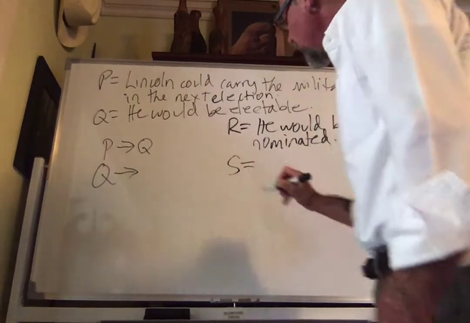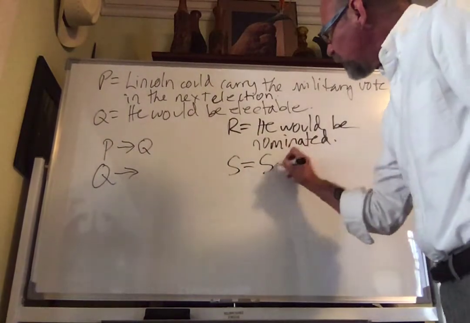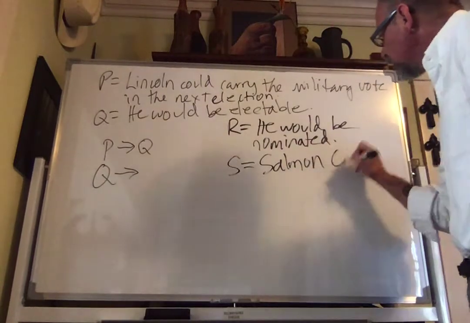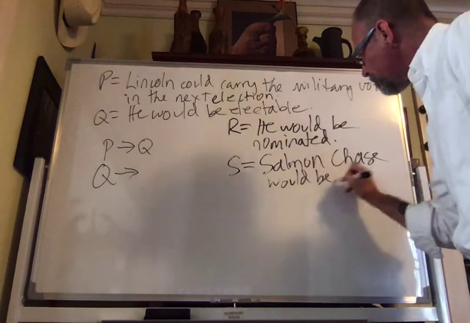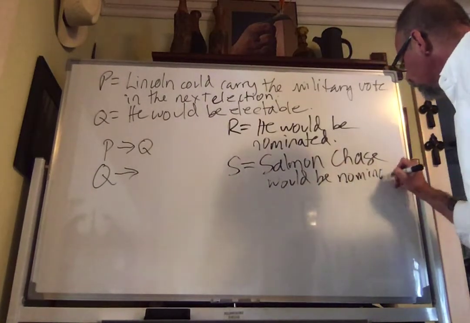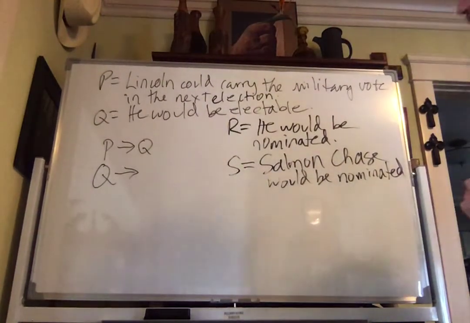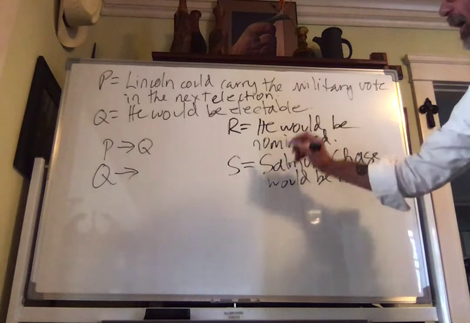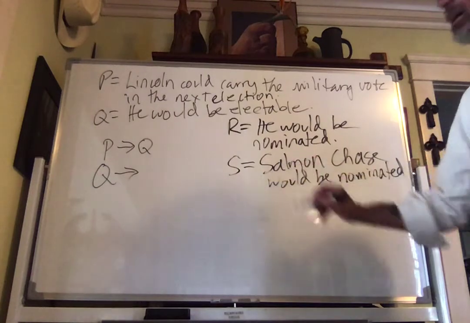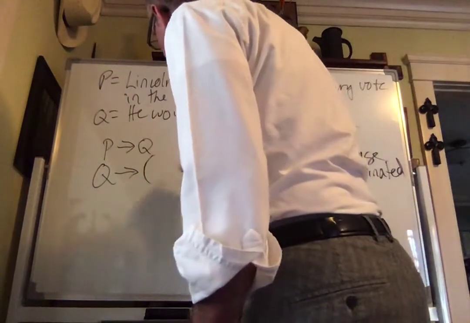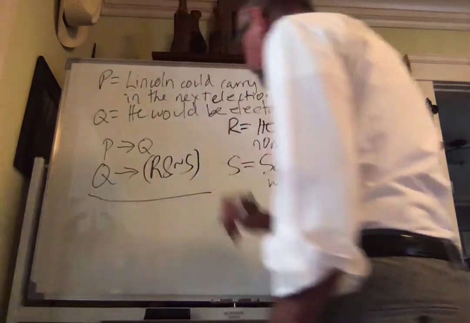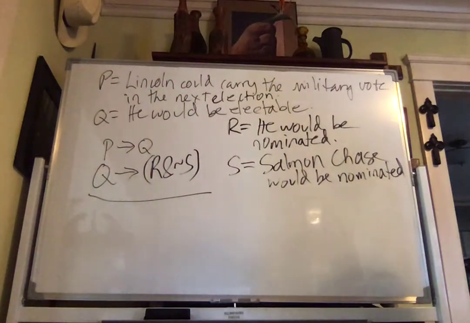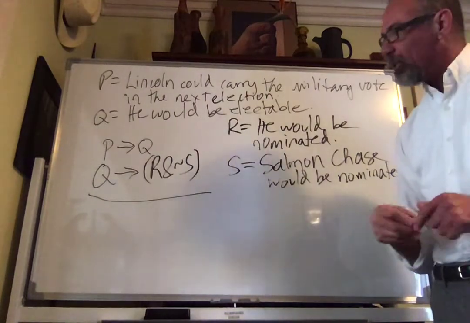And let S stand for Salmon Chase would be nominated. And then the consequent of this conditional is R and not S. So putting that inside of parentheses, we have R ampersand negation sign S. Okay? So here are the stated parts of this argument, the premises, in other words.